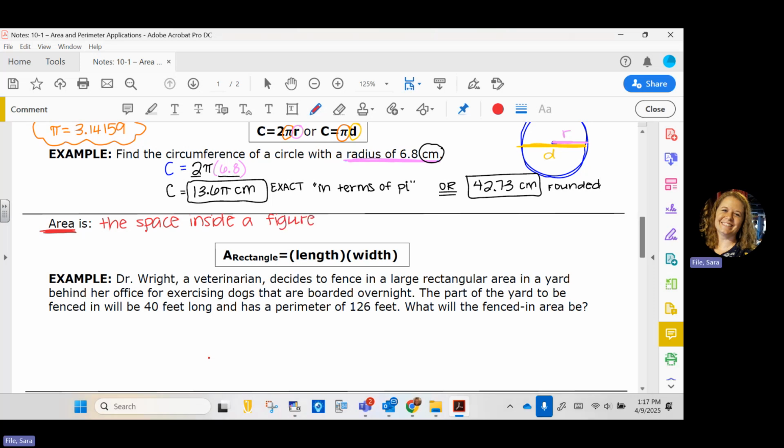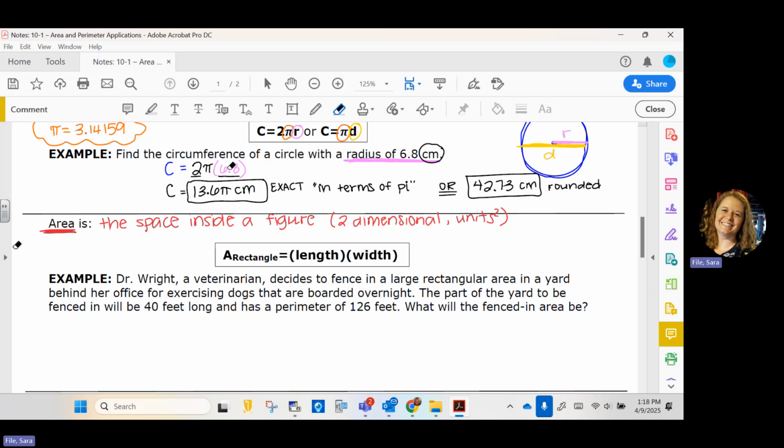Okay, it is two-dimensional, meaning your units are squared. They have that power of 2 on them. It's two-dimensional, so your units will be squared. So square feet, square inches, whatever the units are.